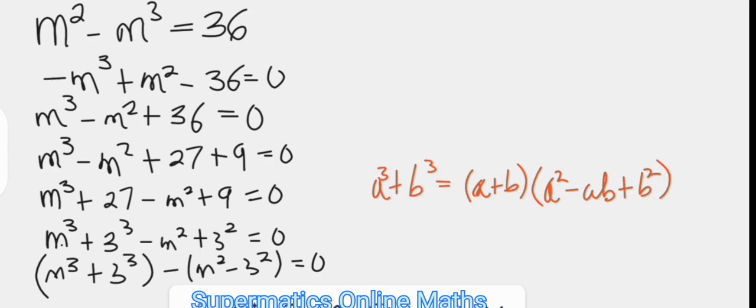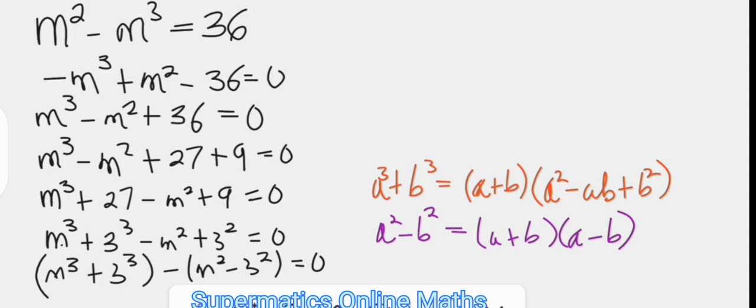While for the second parenthesis, that's a difference of two squares. When we have the square of a minus the square of b, it is a plus b times a minus b.